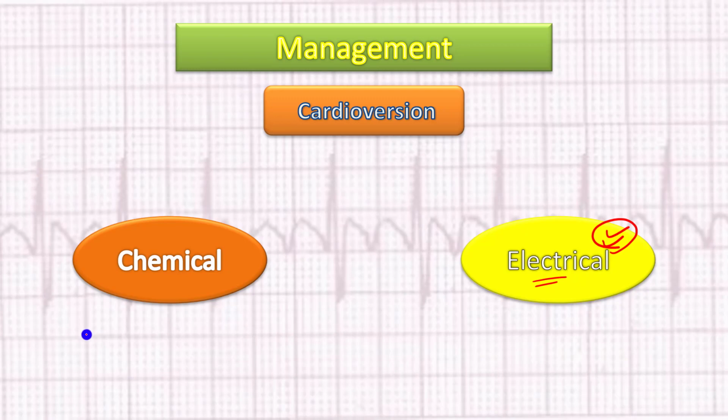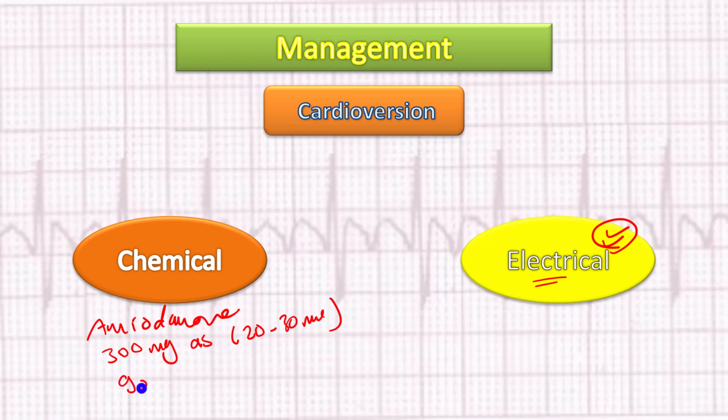Chemical cardioversion actually is done by amiodarone. The dose for this is 300 milligrams as a bolus over 20 to 30 minutes, and then 900 milligrams over 24 hours.